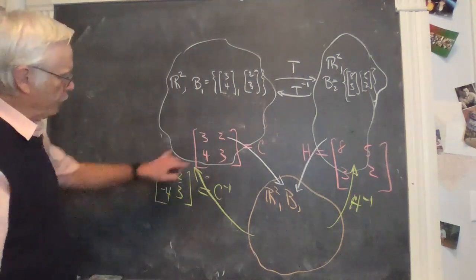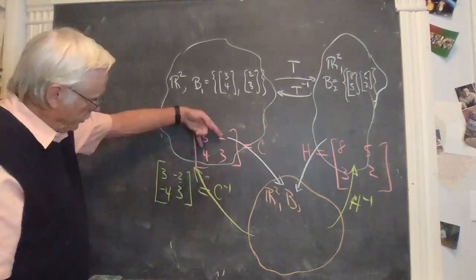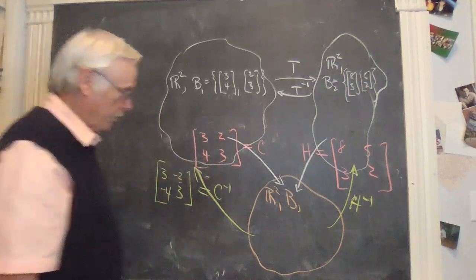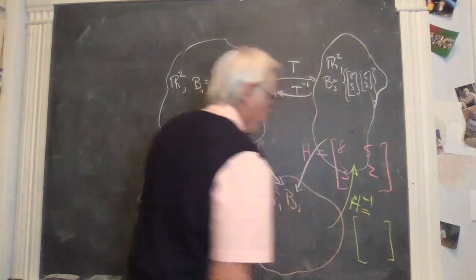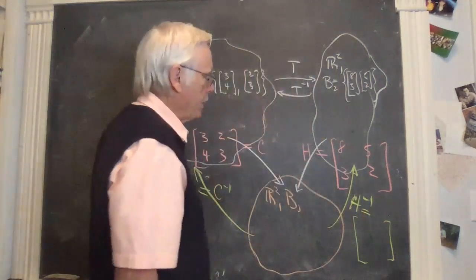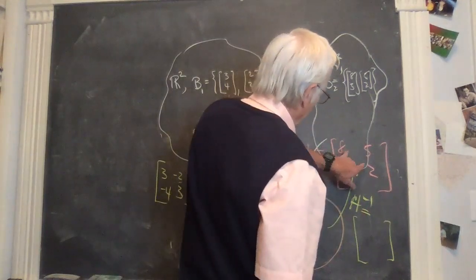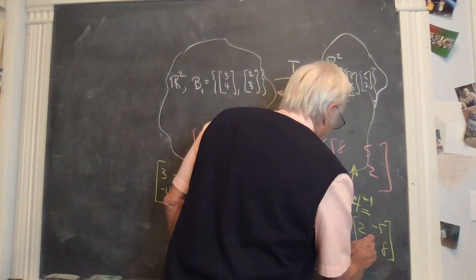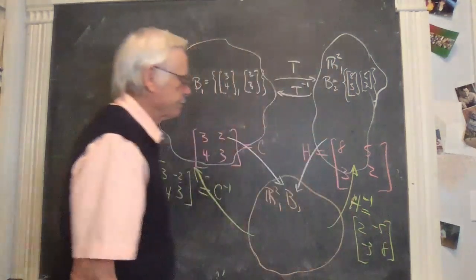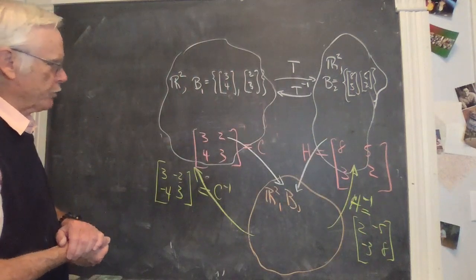This is a little trick for any 2x2 matrix. You can interchange these two numbers and change the sign on these. That gives you the inverse. So for H, we're going to interchange these two, so 2 and 8, and change the signs on the other one. So there is H inverse.